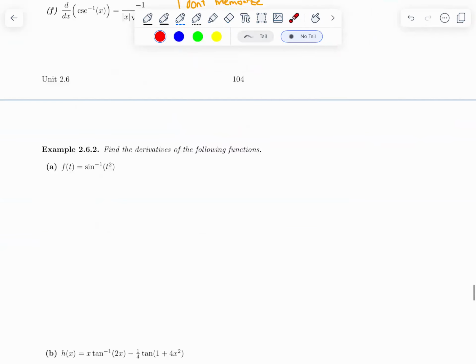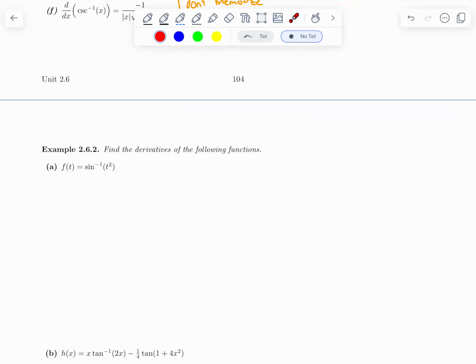Okay, so suffice to say, now we have a bunch of different derivatives that we can do, which is what we always want to do. So sine inverse of t squared, find the derivative. Sine inverse's derivative is 1 over the square root of 1 minus x squared.